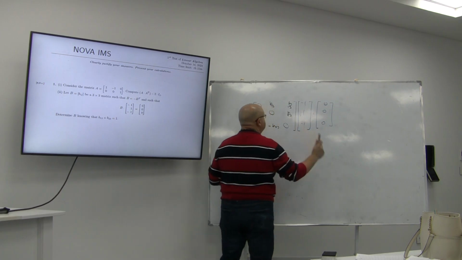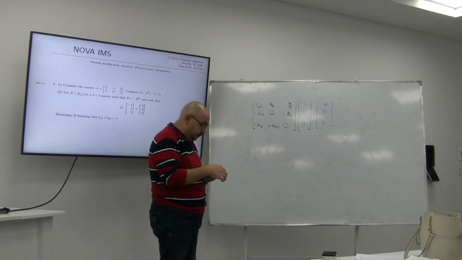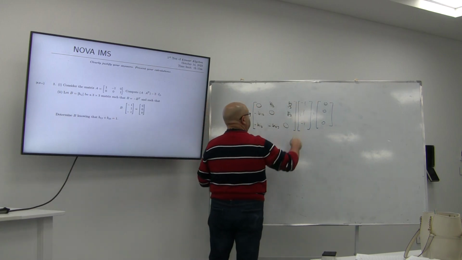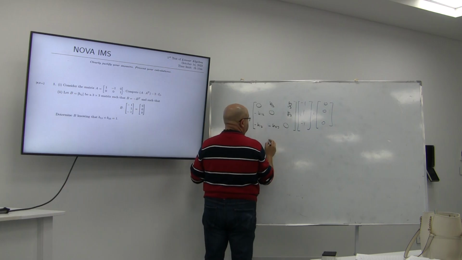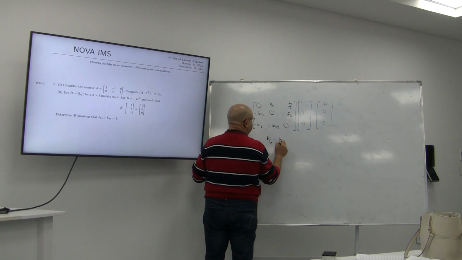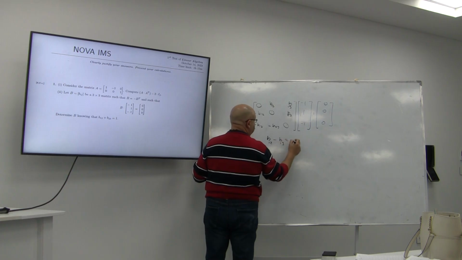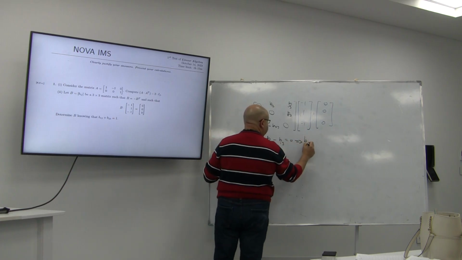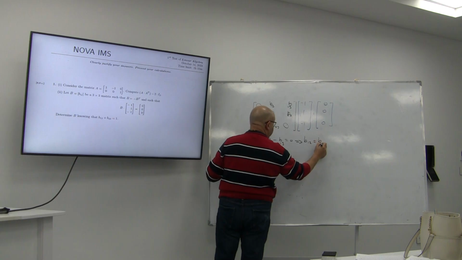Okay. Let's do the multiplication for this product. First row times the column, then you will have B12, I believe, minus B13 equal 0. That's B12 equal B13.